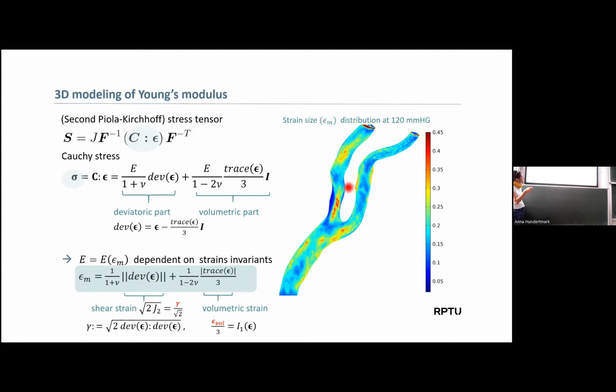Here you can see some computed strain epsilon m. So this metric of the strain is a kind of combination between deviatoric and volumetric strain. Okay, and you already see that it achieves big values, almost 50% of the strain. Which means that we are in a higher region of the strain, and we are really modeling the nonlinear situation.